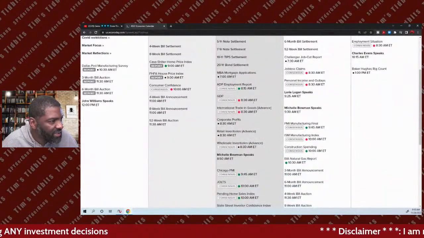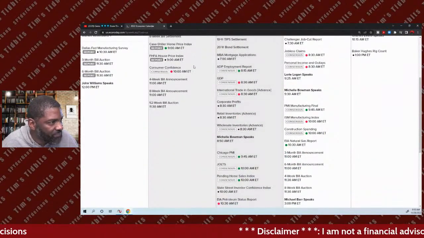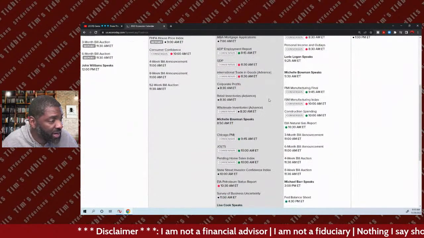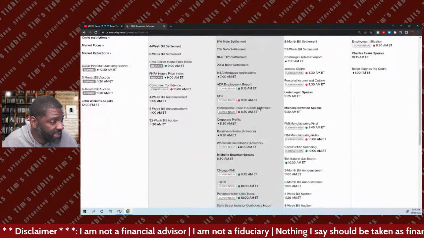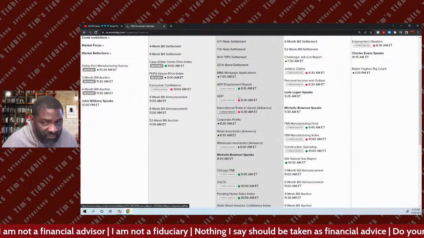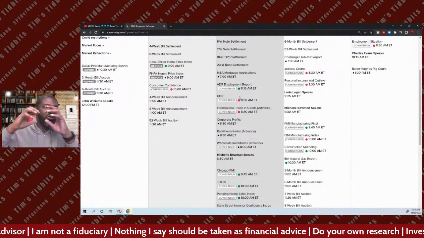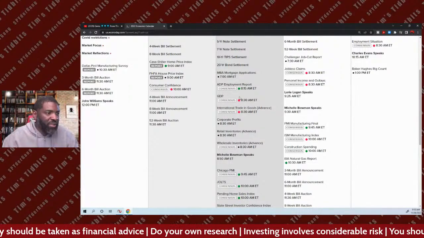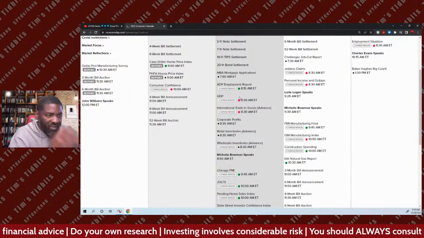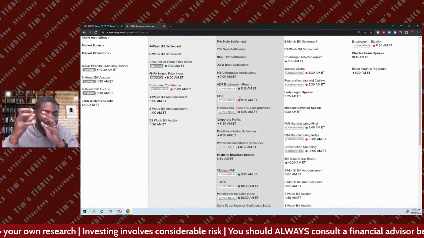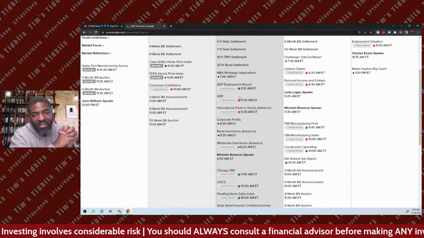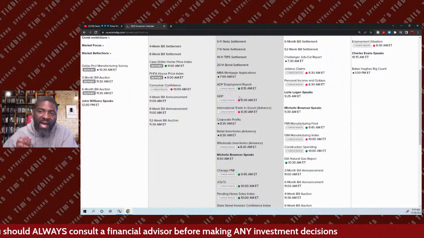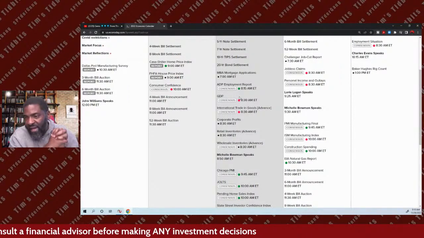We got ADP, that's job information coming out. We got GDP, gross domestic product. That's the big dog of inflation. You got CPI, non-farm payroll, GDP, ADP, home builders, contractors, home sales, PMI, manufacturing numbers.